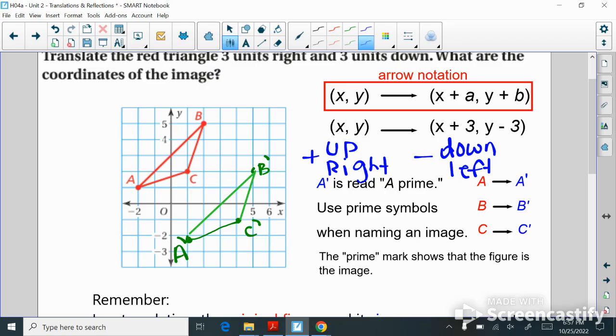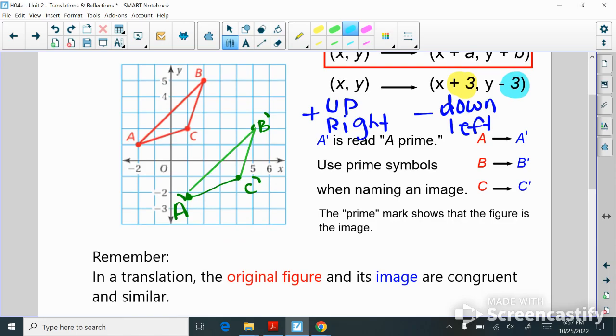Up and down, that's going to refer to our y-axis. So in this example here, we can see that we have x plus 3, which means, okay, I'm moving to the right 3 units, and then I have negative 3. So that's a negative on my y, so I'm moving down 3 units.